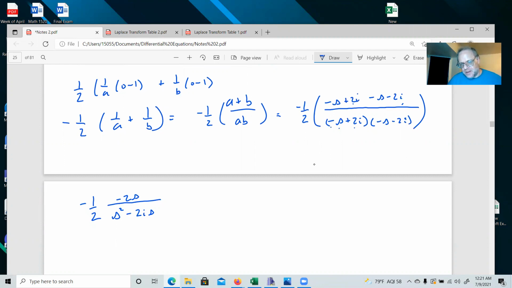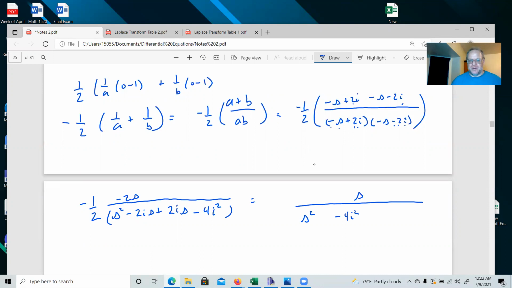We have negative times negative, so it's going to be positive 2is. Boy, that's convenient. And then the last term is positive times negative, so minus. We have 2i times 2i, that's 4i squared. All right, so 2's cancel, negatives cancel, so we just have s over s squared minus 4i squared.